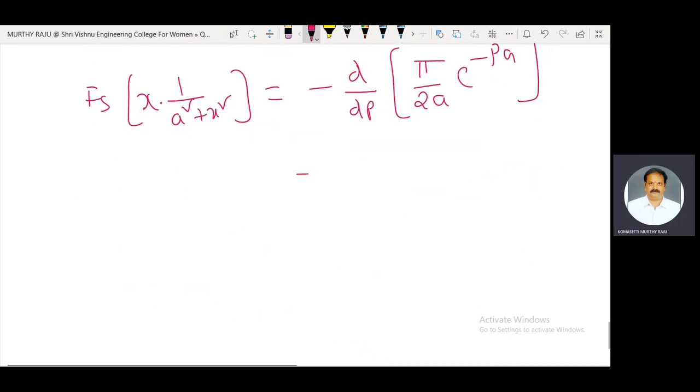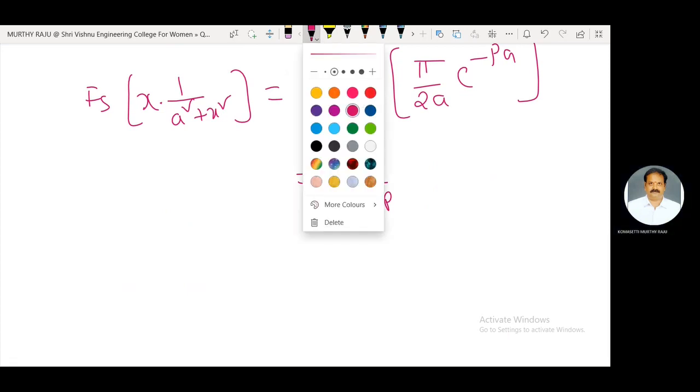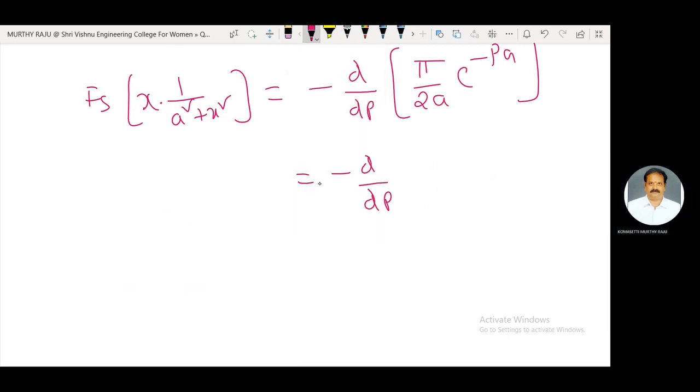Pi by 2a is a constant term, bring it outside.